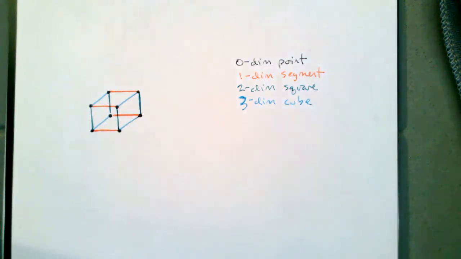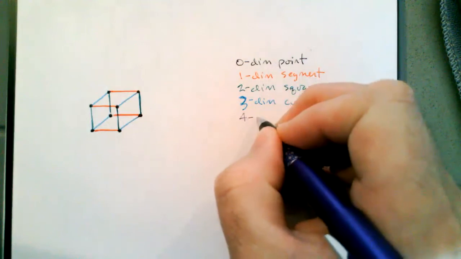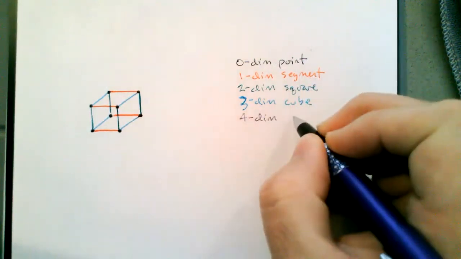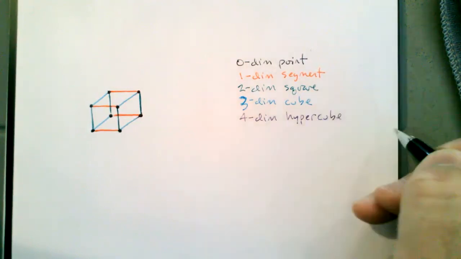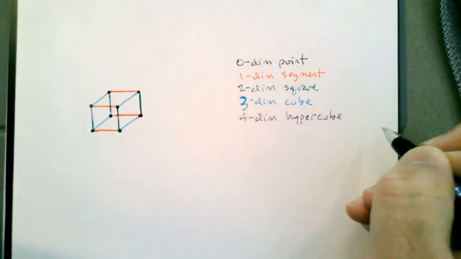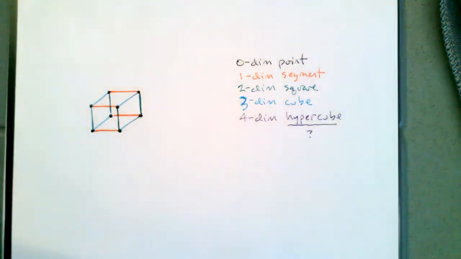And then we can make a 4D cube. I would look that up because I can't remember. I think it's called a hypercube.